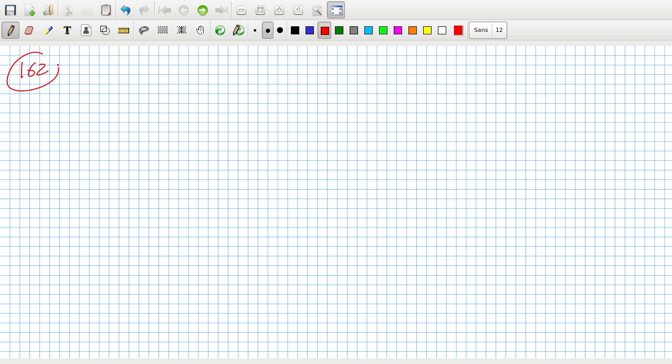162. Right. Cosec squared theta plus twice cosec theta plus 1 equals 0. Oh man, I feel so silly for that last mistake. Okay, move on.